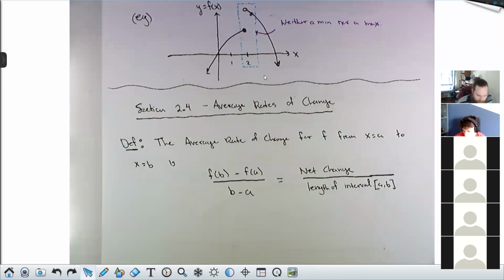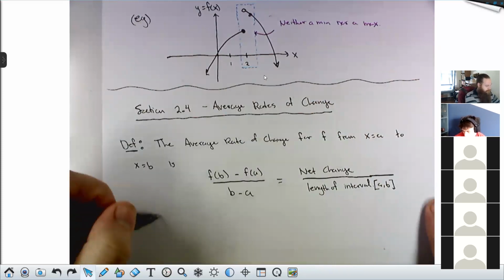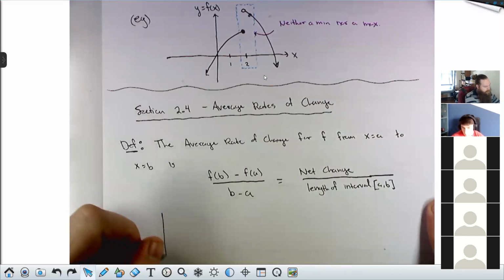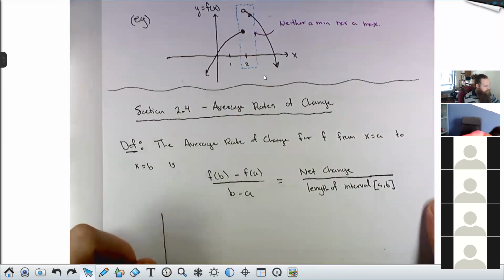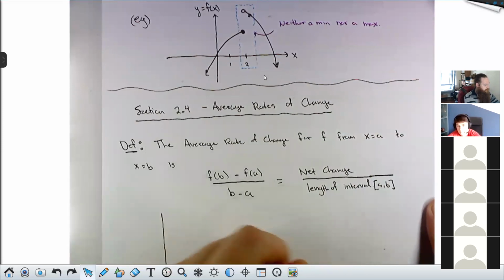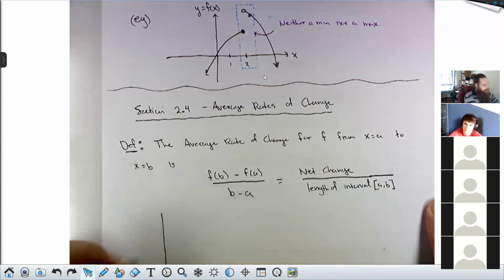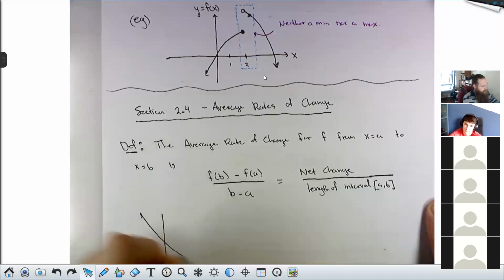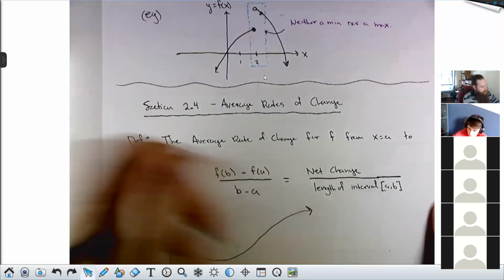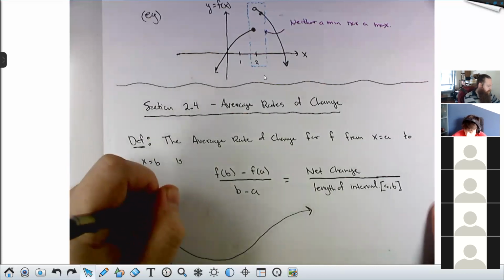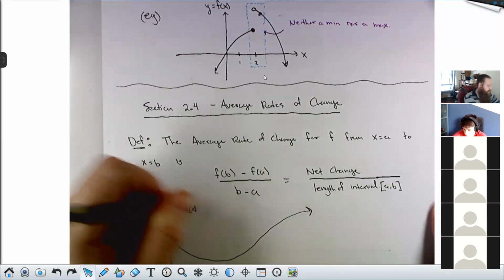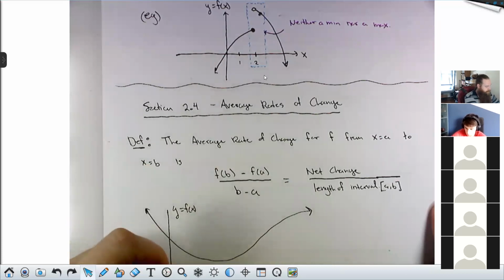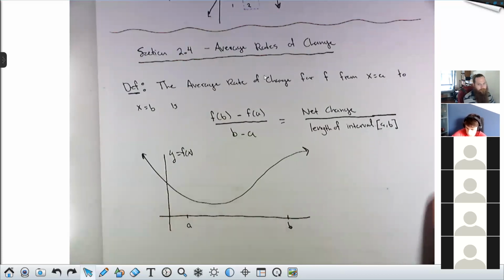There's a geometric interpretation here. And it has to do with slope. So I'll draw a graph here of a kind of generic function, y equals f of x. And I'm going to show you the geometric interpretation of the average rate of change for that function over the interval AB.